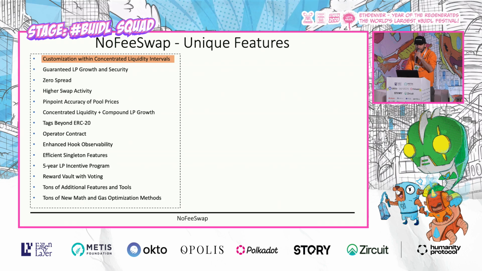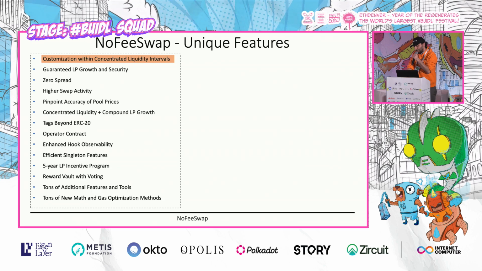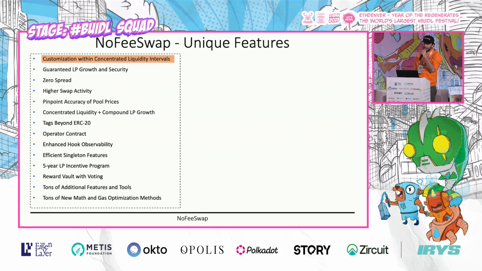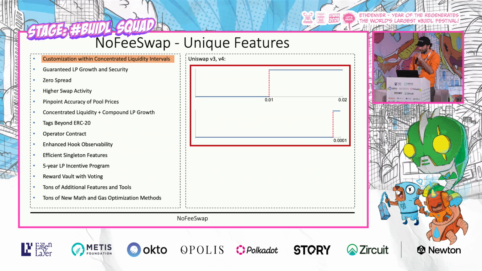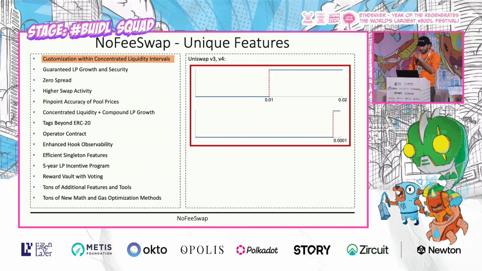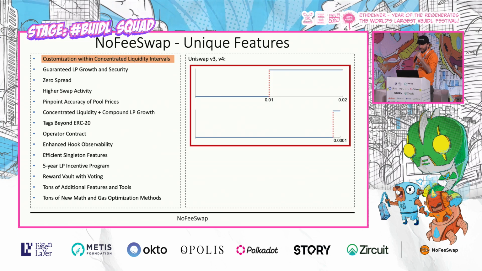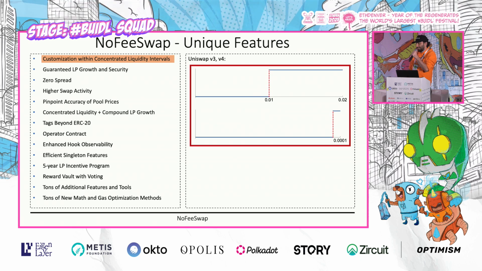We are first going to talk about customization within concentrated liquidity intervals. We want to do it in a way that LP growth and security would be guaranteed. Let's talk about the existing platforms first. In a Uniswap v3 pool, these liquidity distributions are all you get.